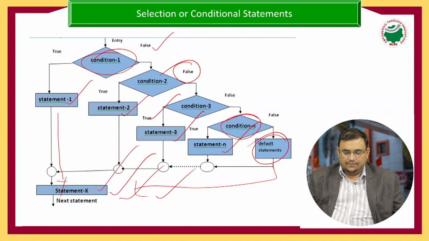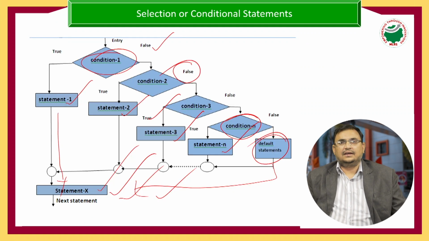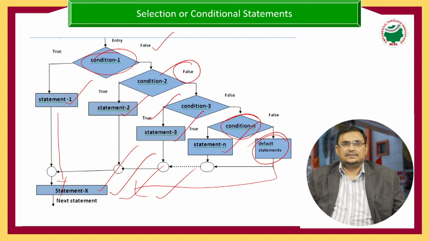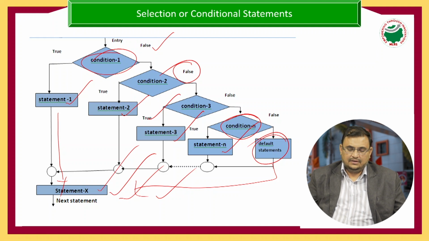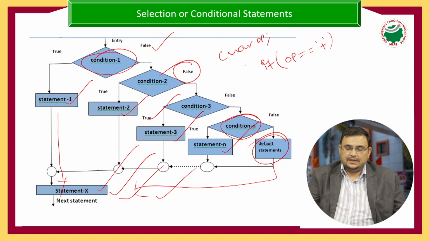If you go for an example, you can consider checking whether the operator is an arithmetic operator or not. Assume the operator is OP, and you are taking the operator as a character. If OP is equal to plus, printf arithmetic operator.